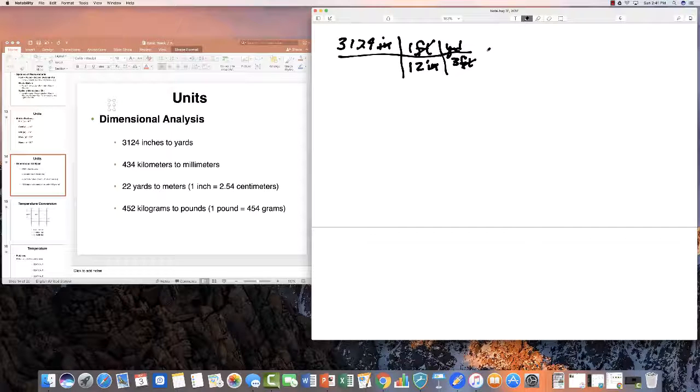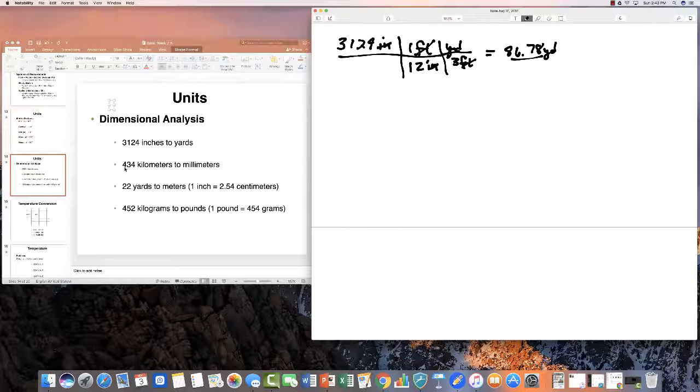When you do the math here, which essentially means you're going to divide this number by 36, you're going to have the answer in yards. So 3,124 inches equals 86.78 yards. And I have 4 significant figures here and 4 here.